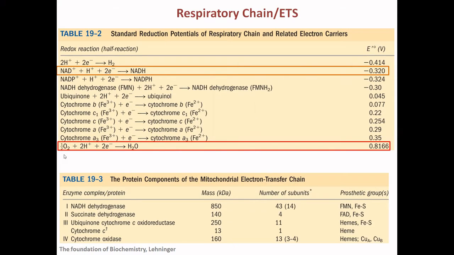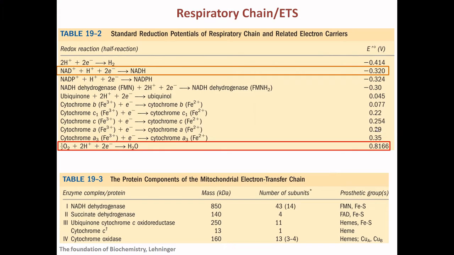This is not a balanced equation, but for one water molecule you need half of an oxygen molecule, and the reduction potential is 0.8166. So the reduction potential is increasing from here to here.